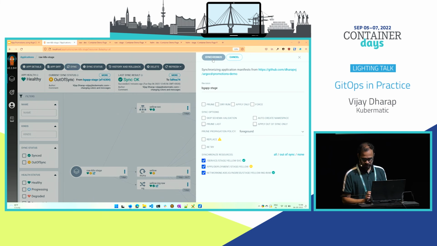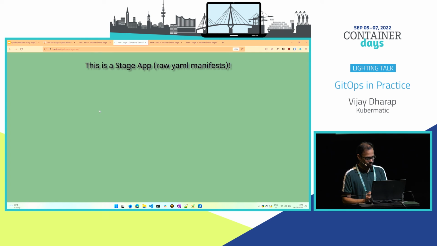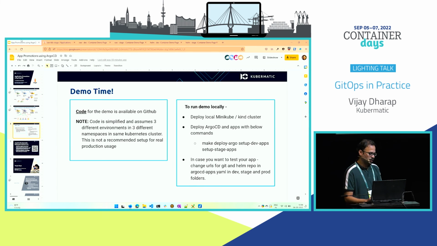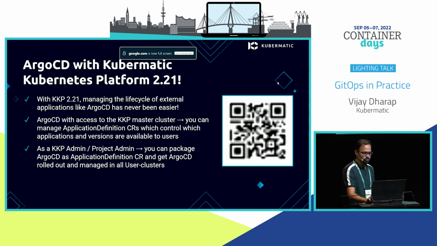I do a sync, and I go to the stage application and do a refresh, and it still doesn't change. Okay, it had to be nudged a bit. All right, so that's how you can migrate the changed versions of your applications, be it a Git mode or be it a Helm chart mode.